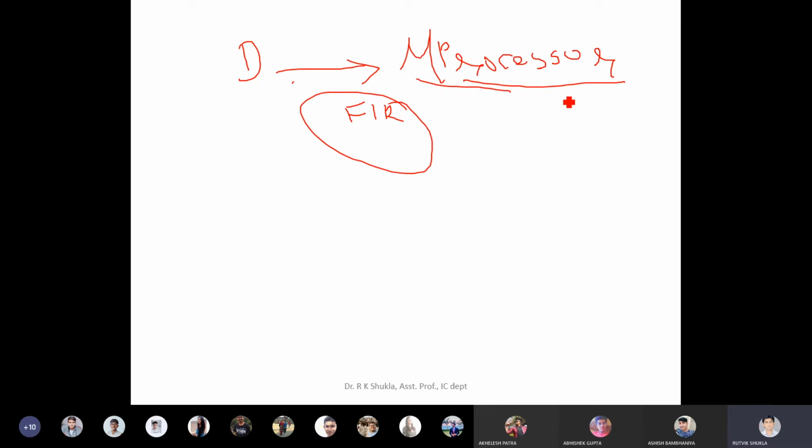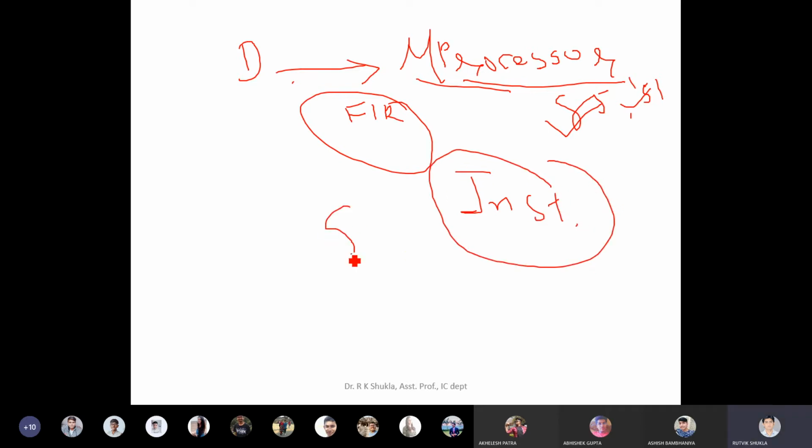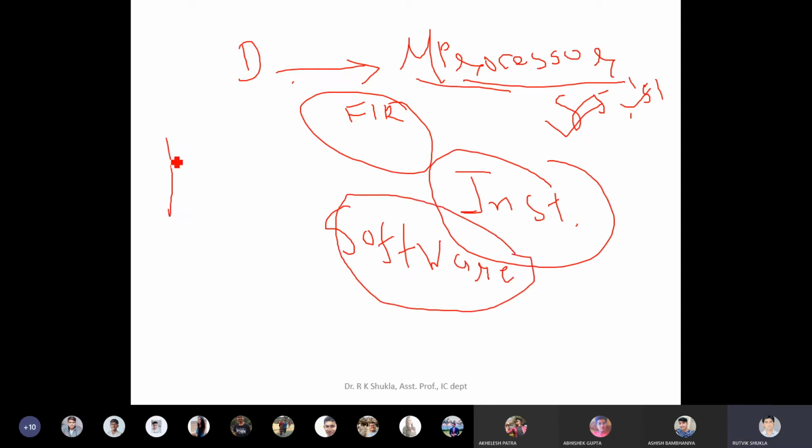You must have studied the 8085 and 8051, the 8085 microprocessor, and you might be studying the 8051 microcontroller. If you want to implement any algorithm in a controller, what you are going to do is write some instructions. It means you need to change a software. If you consider your microcontroller as hardware, then the instructions which you are writing in this microcontroller are software.